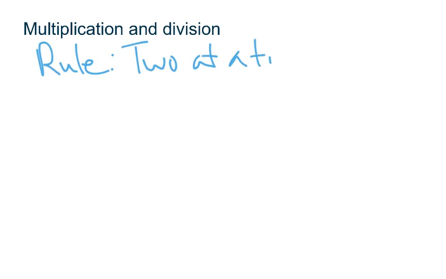Multiplication and division are really, really easy, but there's one little catch for the rule. It only works for 2 at a time. And that's the catch.